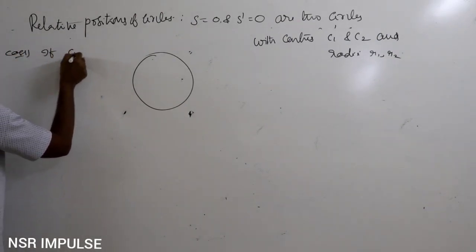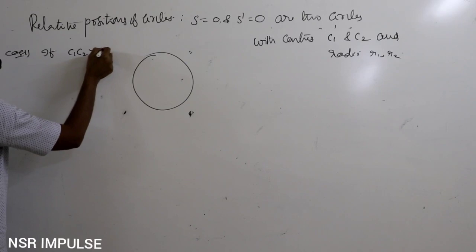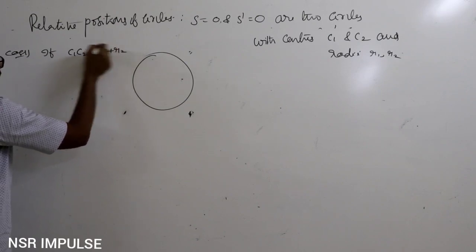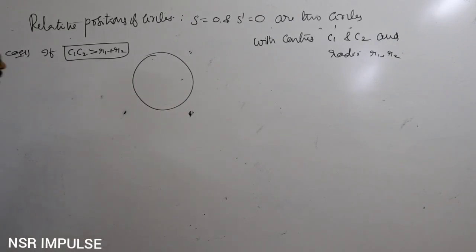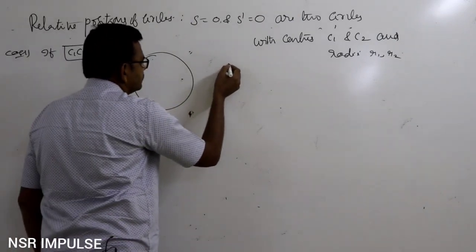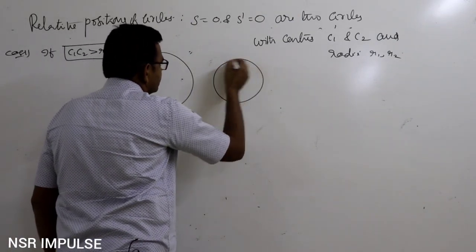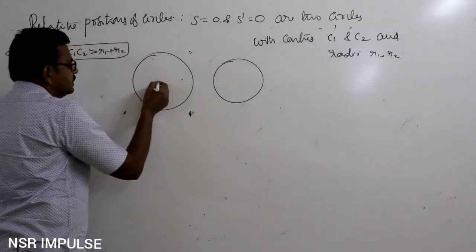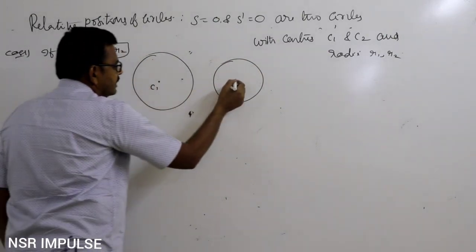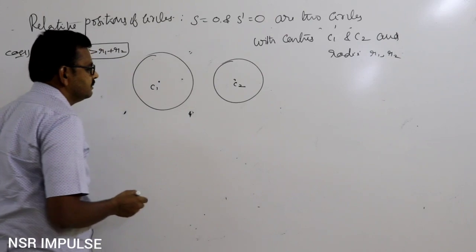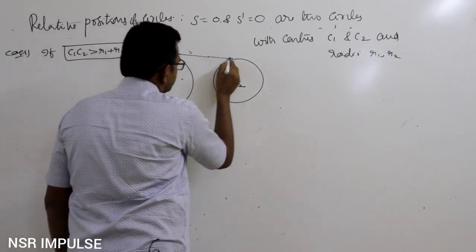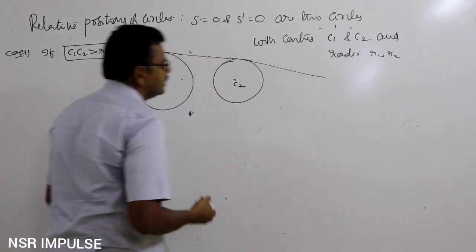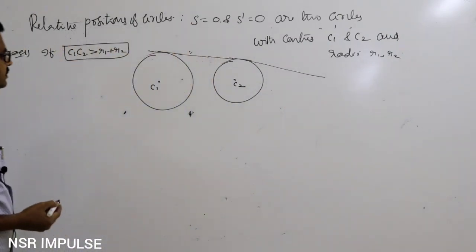Case 1: if C1 C2 is greater than R1 plus R2. So this is C1 and it is C2. And also R1 is not equal to R2.